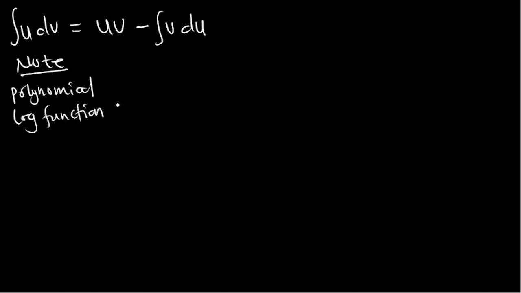The polynomial will be v, then the logarithm part will be u. For example, x square ln x, x square being the polynomial part and ln x being the logarithm function. So we'll have x square as the v and ln x as our u.